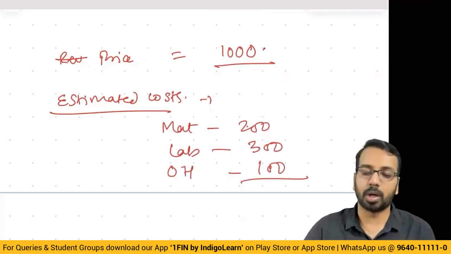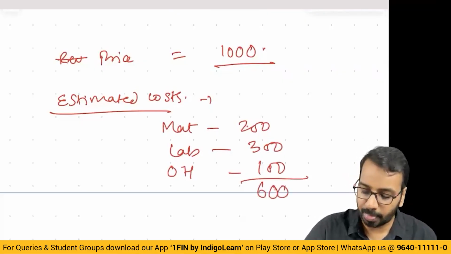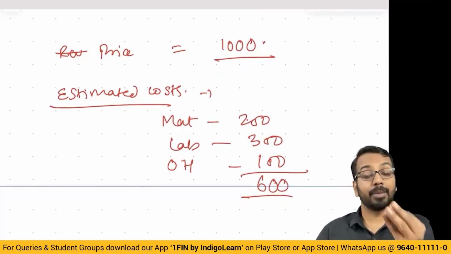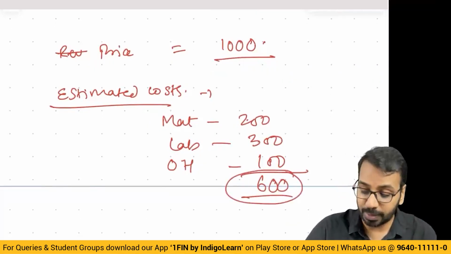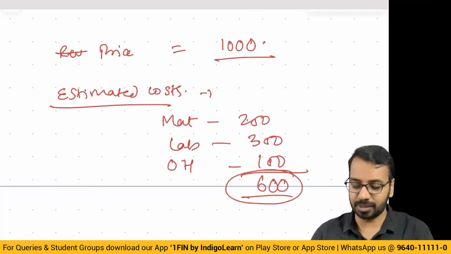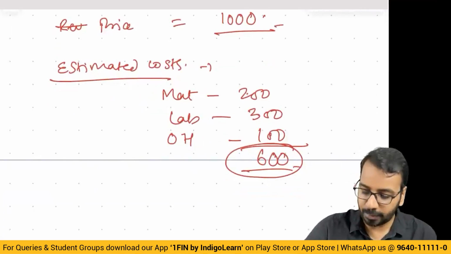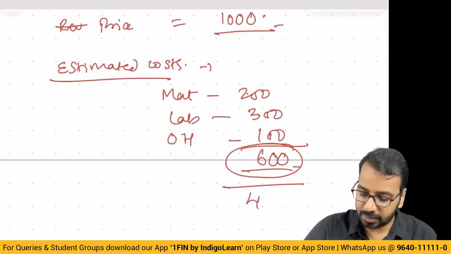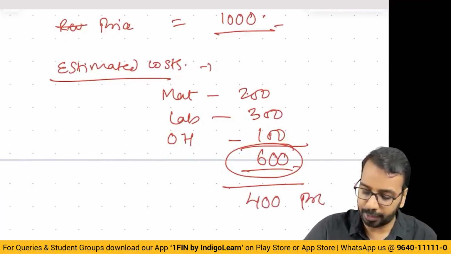So 300 plus 200, 500 plus 100, 600. So I'll collect 1,000 from you. I will spend 600 to deliver the construction contract or construction services. Now, this 1000 minus 600, that is 400 of profit.